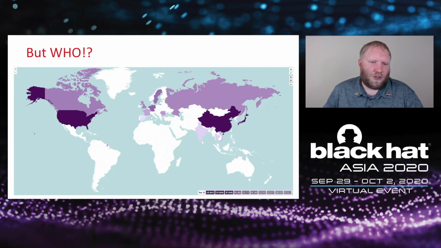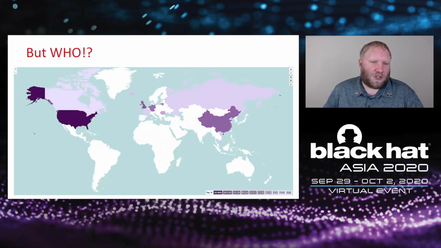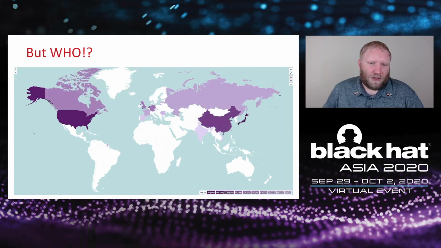Russia was a little less so. Then we have the Micrologics, which is pretty much the US, a little bit of Canada, a bit more in China, and a little bit in Russia, a little bit in the UK. And the interesting one that I found was that there's a lot going to the Omron, or a lot of Omron going from Japan and China, as well as the US.